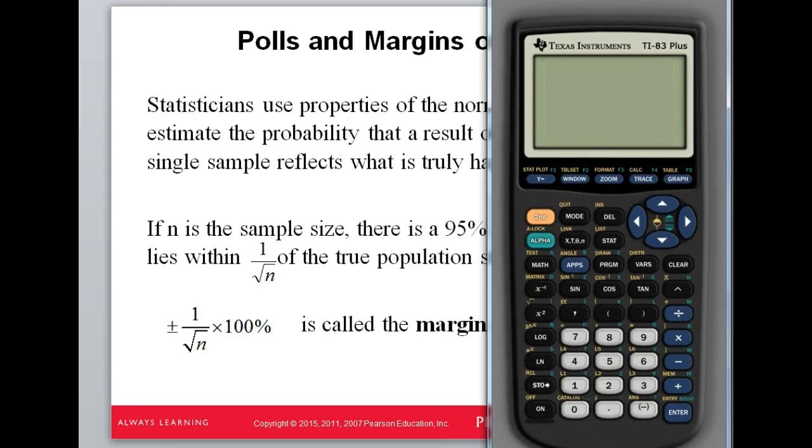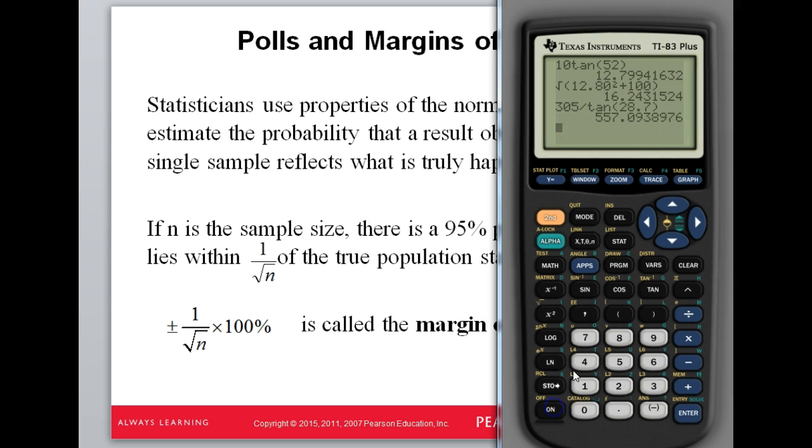So I had 52% as my estimation from the sample. Let's say again that I had 100 people in my sample. So 1 divided by the square root of 100 is 0.1.